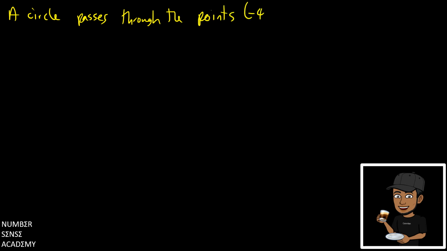Next question. So a circle passes through the points -4, -3, and 4, 3.